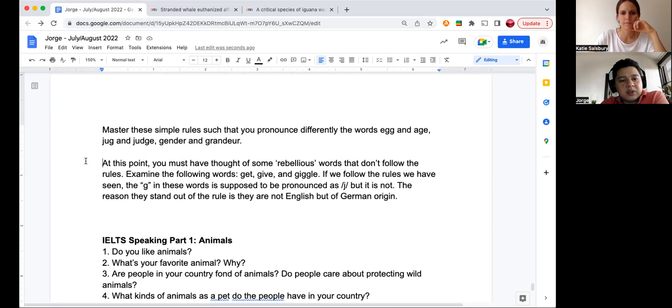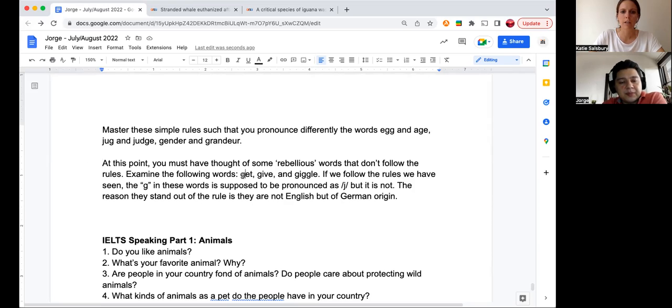At this point, you must have thought of some rebellious words that don't follow the rules. Examine the following words: get, give, and giggle. If we follow the rules we have seen, the G in these words is supposed to be pronounced as J, but it is not. The reason they stand out of the rule is they are not English, but of German origin.